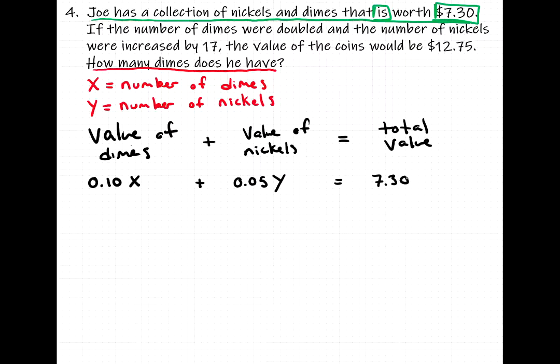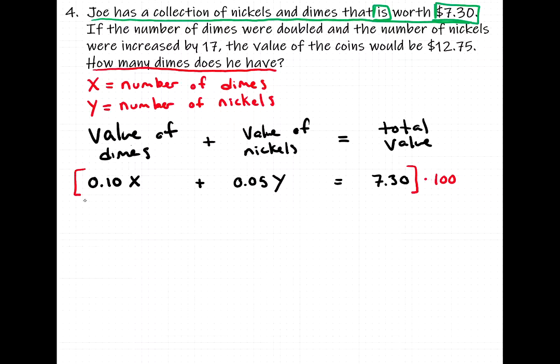$7.30. Now, one thing we could do is get rid of the decimals. It's not necessary, but we could simplify the problem slightly by multiplying both sides of the equation by 100.